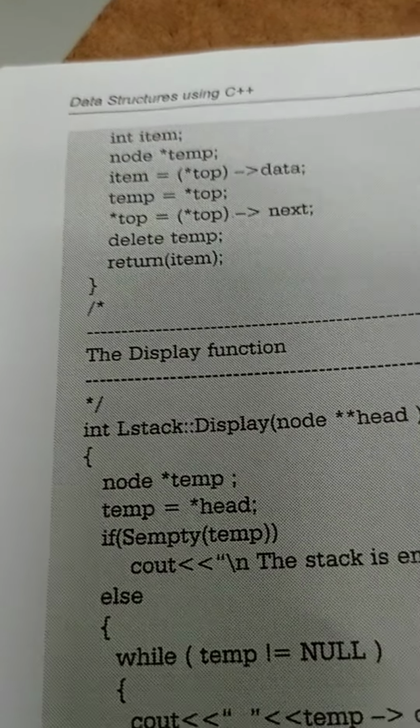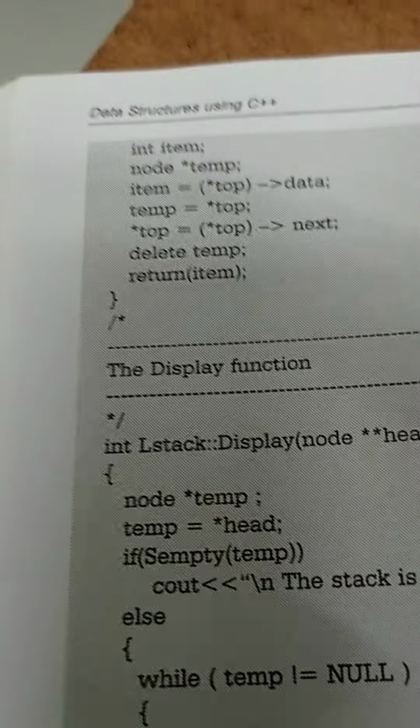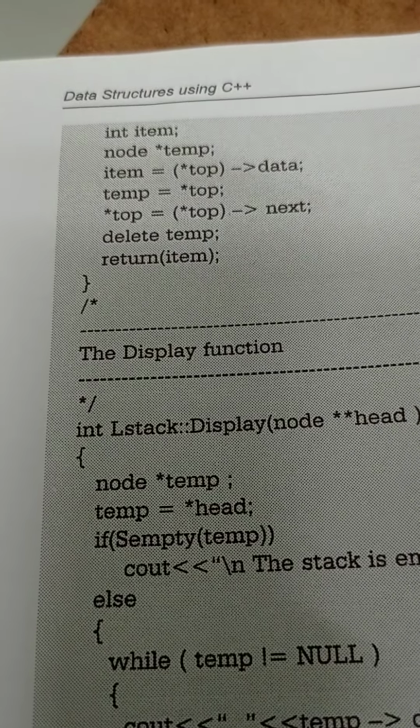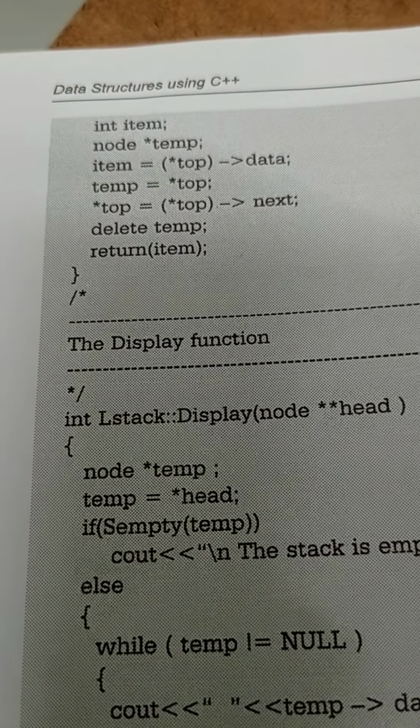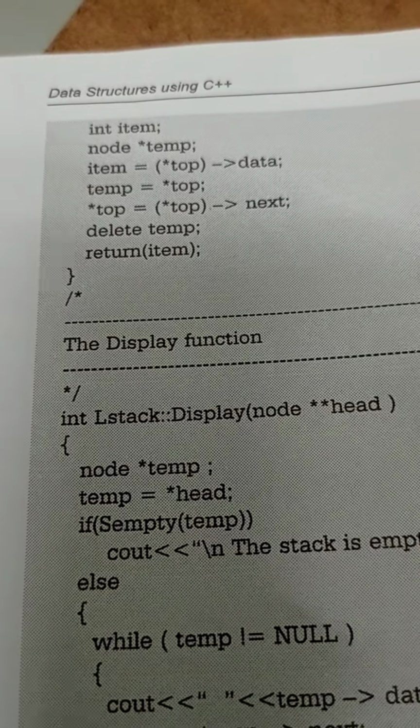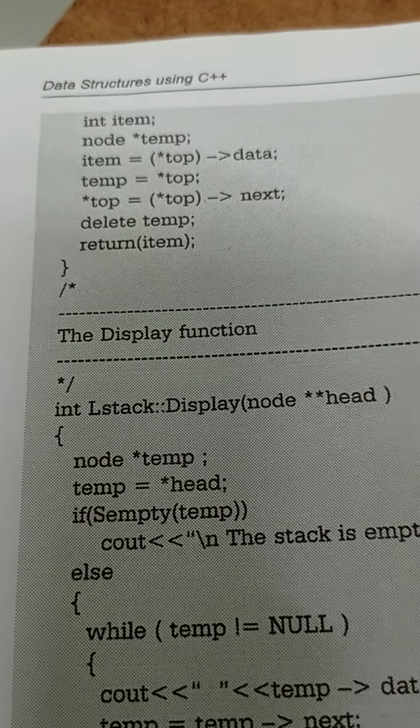Using these instructions, we can delete the data which is there in the node. Then the top should point to the next location where the data is there, because after deleting, the top of the stack points to the other location.